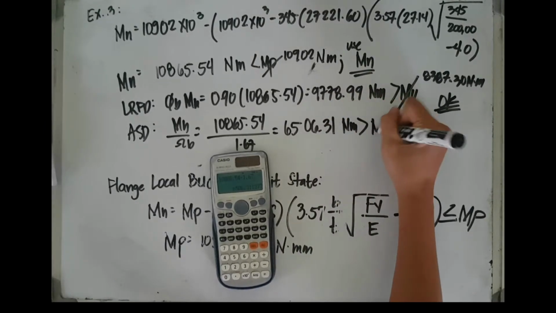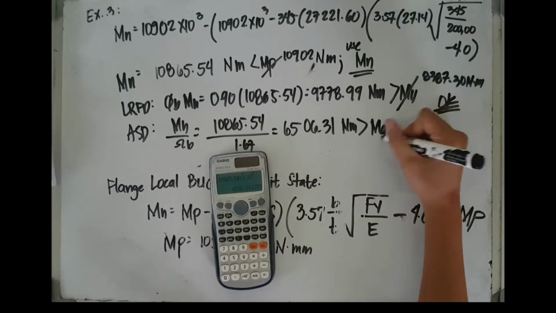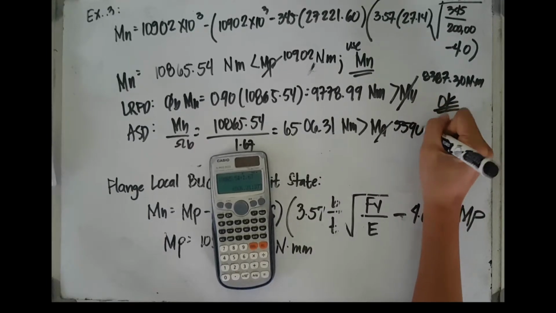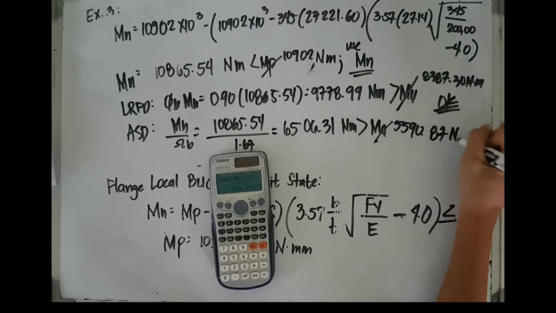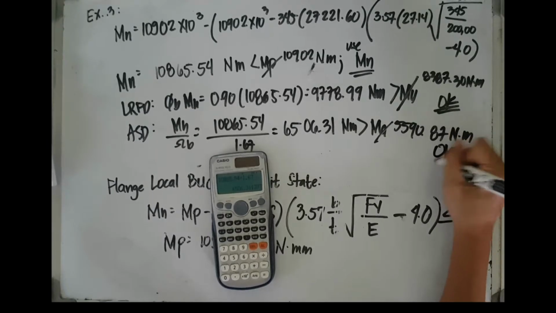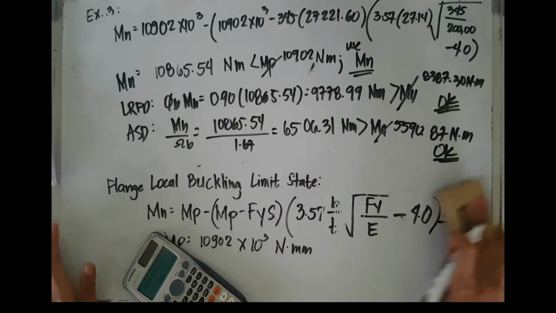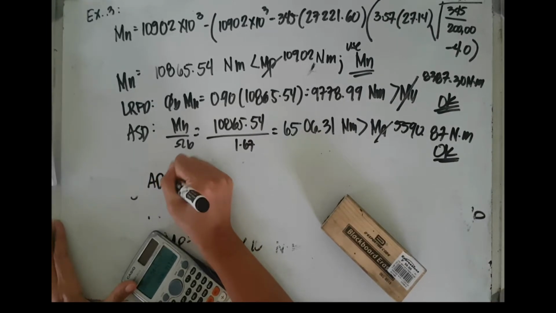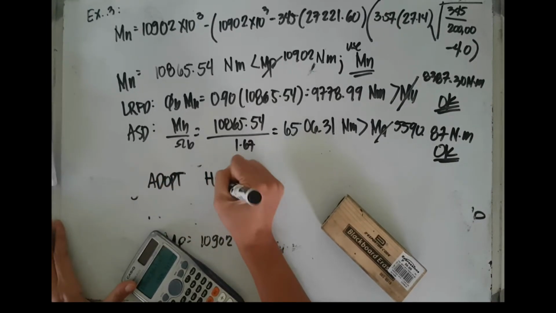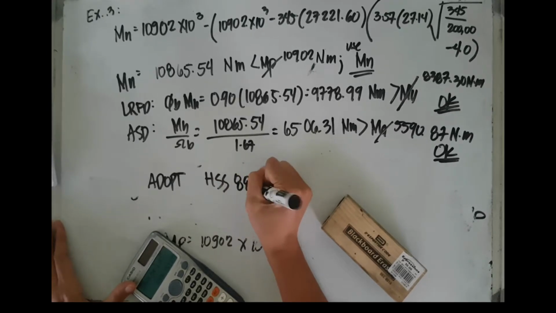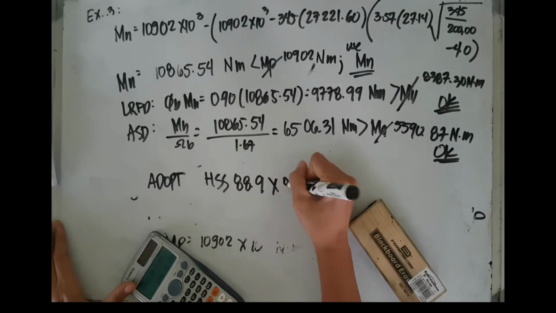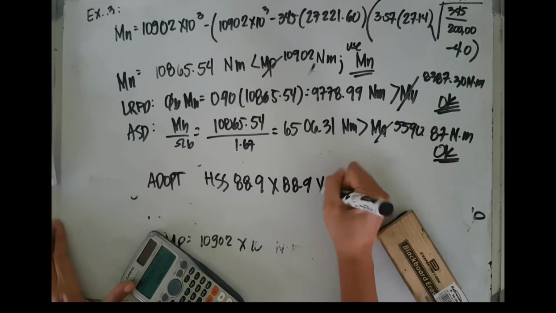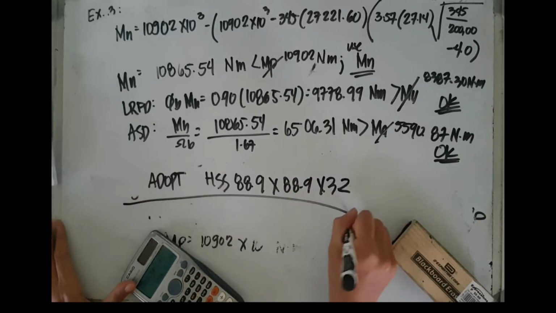And comparing it with our required flexural strength under ASD, it is only 5,590.87 Newton meter. Therefore, this section is safe under this limiting state. Therefore, we will adopt our HSS 88.9 by 88.9 by 32.